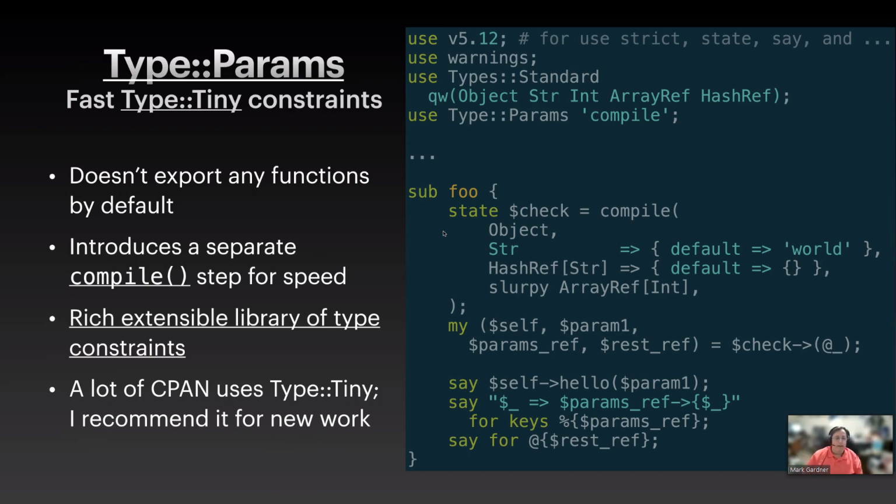You can then use something like Perl 5.10's state statement, to only set that variable once, only compile it once for speed. So you get that little bit of a performance hit at first, but then after that, it's lightning fast. It's already compiled.